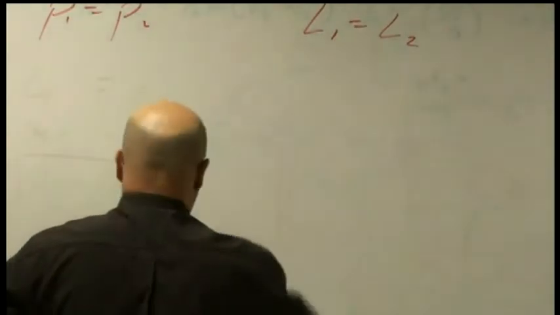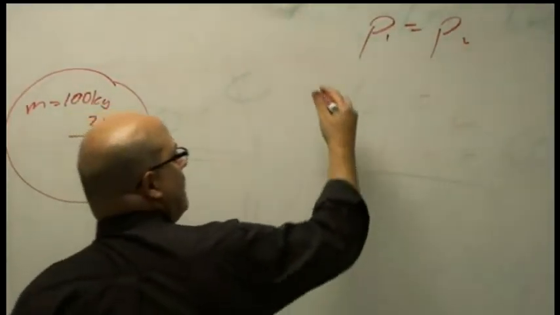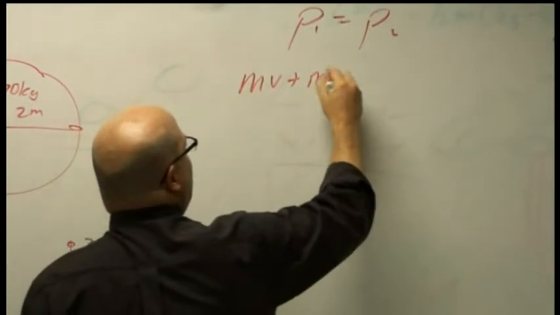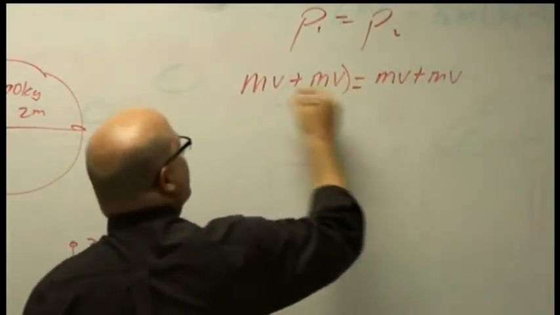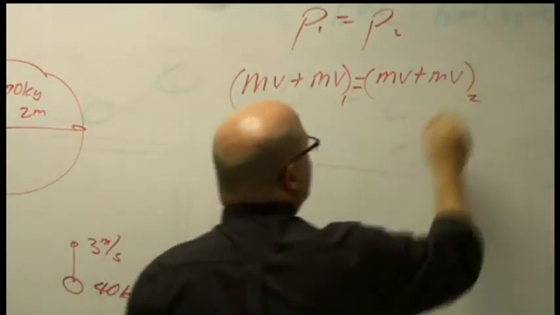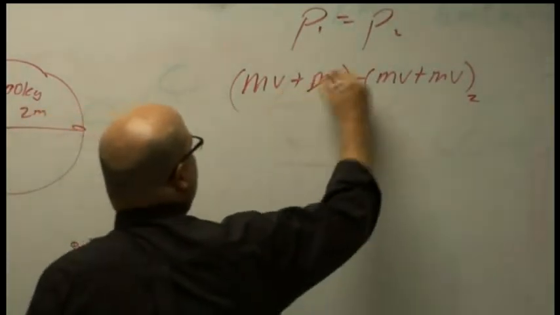Alright, so here we go. Let's look at this now. What does this equation tell us when it's all free to move? It tells us that mv plus mv before equals mv plus mv afterwards. How many of these objects are moving before? One, just the kid.